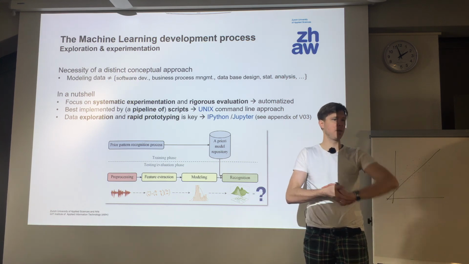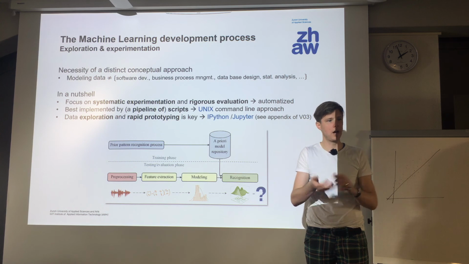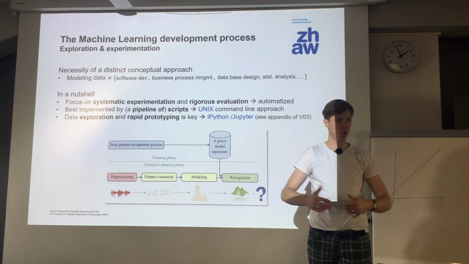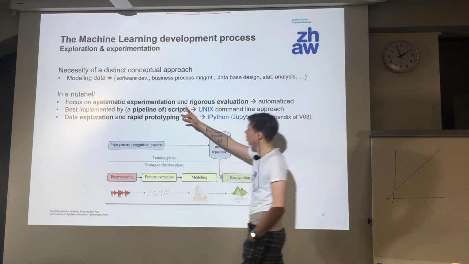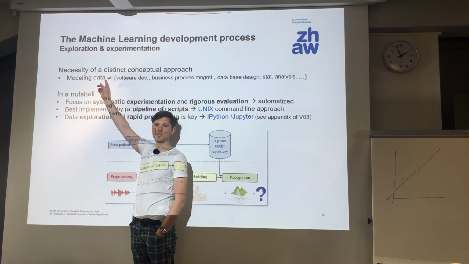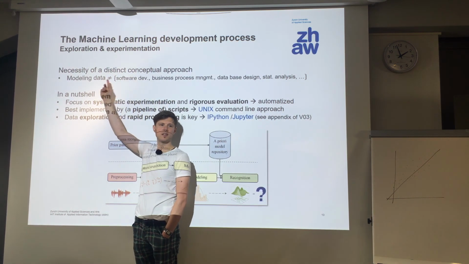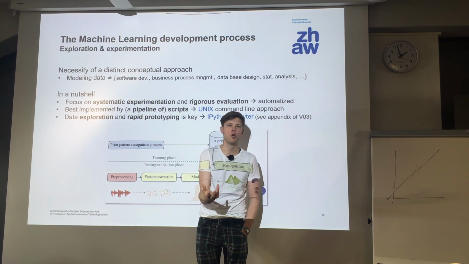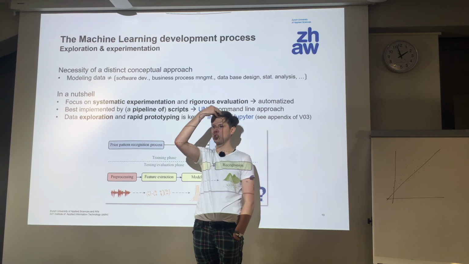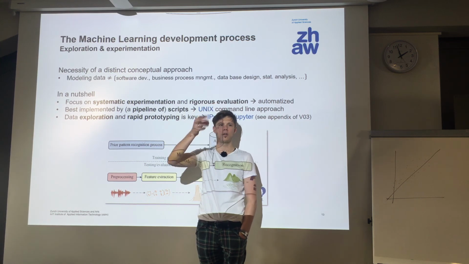And you learned about database design and how to arrive at a valid database model. The important point is that modeling data is a distinct thing to do. It's not something that you can approach with your software engineering mindset if you have it. You can switch it off.